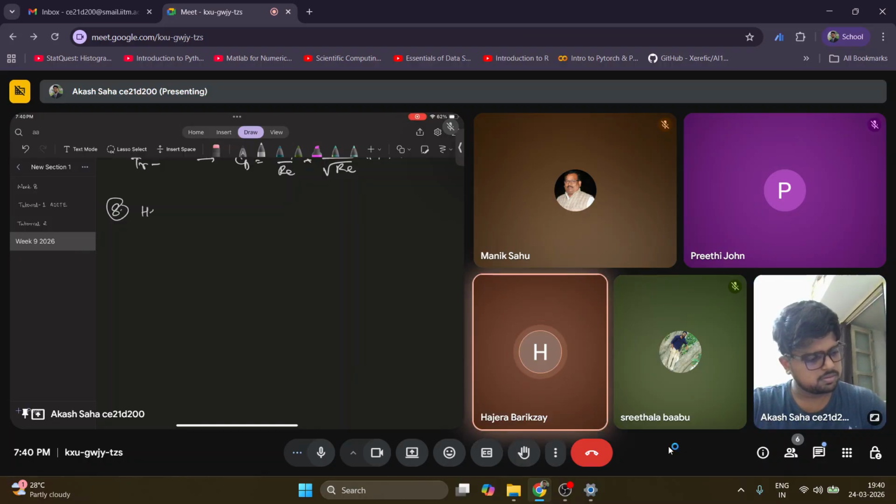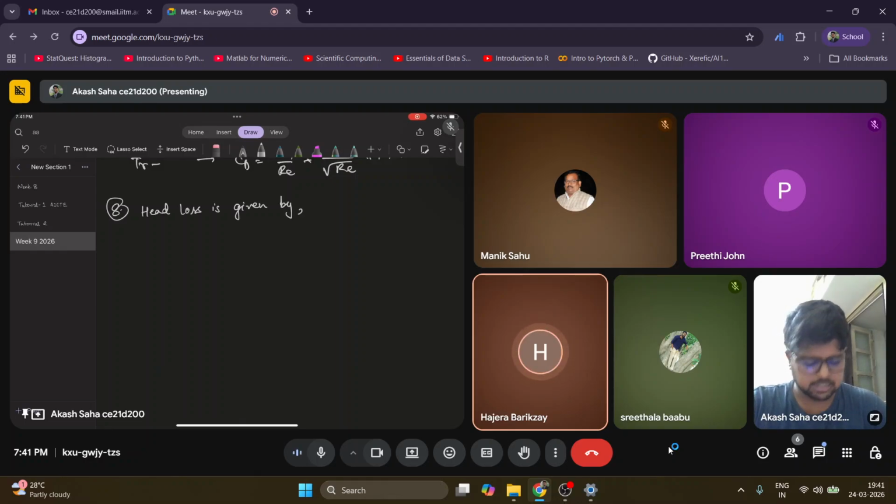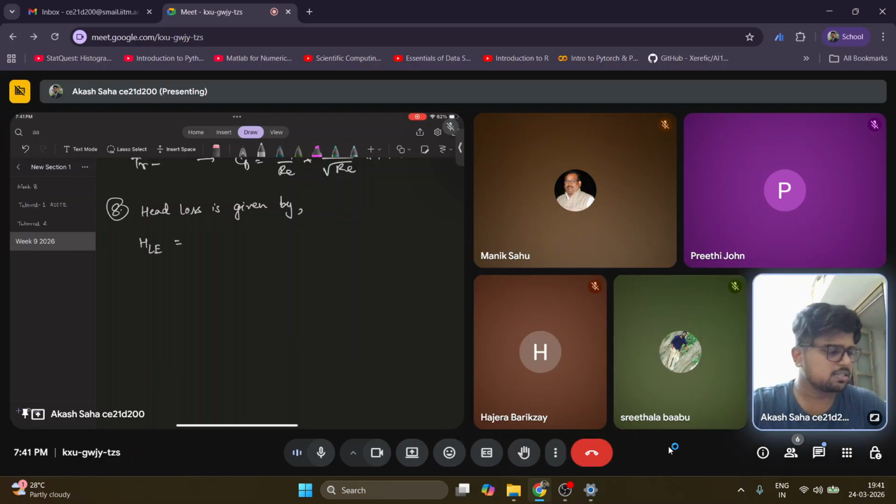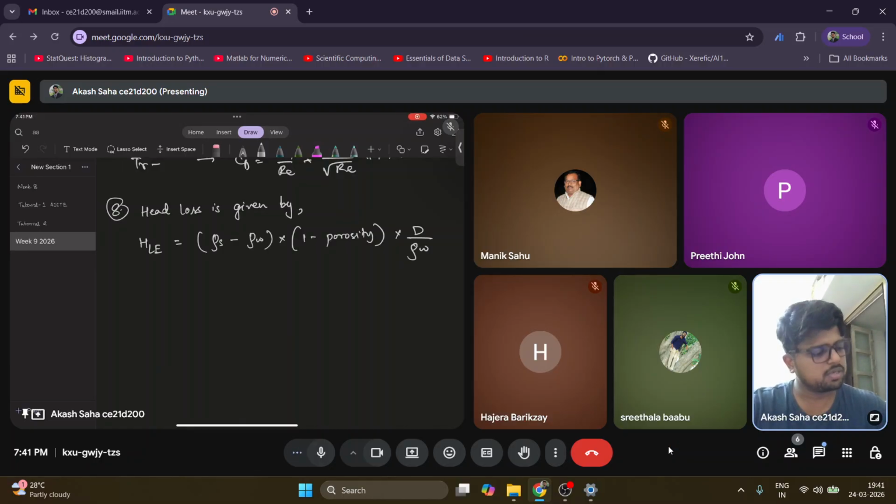It's rho of the particle minus rho of the water, into 1 minus the porosity, times the depth of the filter, divided by rho of the water. Yeah, that is right. So that is 2.4 minus 1, then 1 minus 0.45, into 1 by 1.